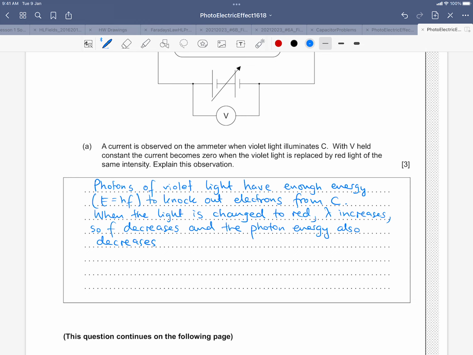So here we are explaining how the photons of the red light have less energy. And then we tie it all up.